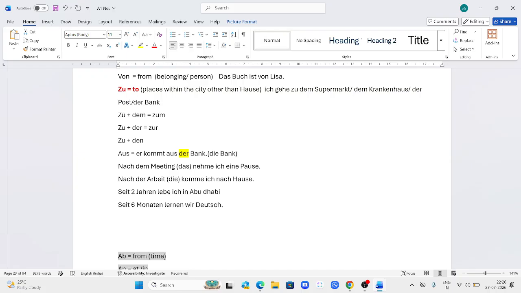Die Bibliothek will become der Bibliothek. Why? Because of von, which is dative. Are you all understanding, Leute? We are learning prepositions, which are very, very important for A2 and A1.